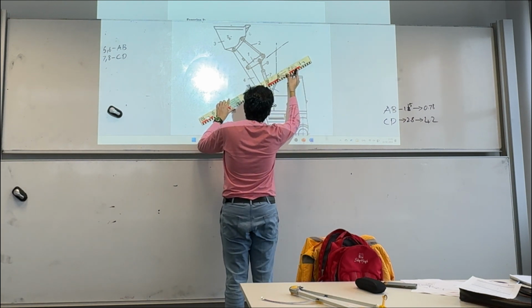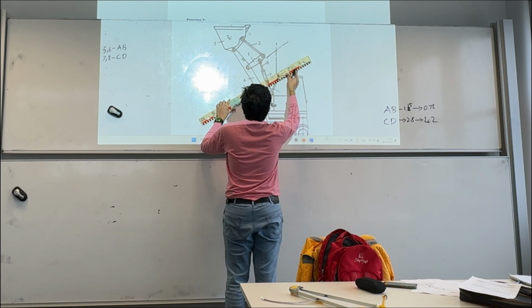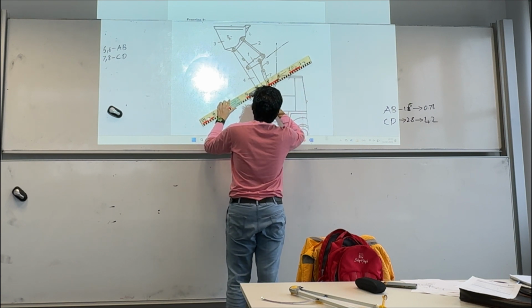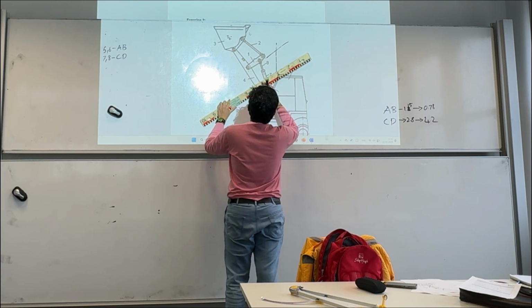Let's see, this is the distance here. This is 0.245. 0.5.